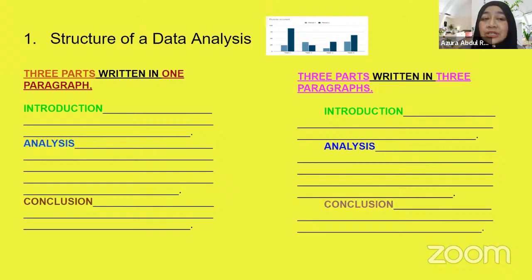So the structure is either 3 parts written in 1 paragraph or 3 parts written in 3 different paragraphs. Both are okay, but you have to have your introduction, you have to have the analysis, and optionally, you can have a short conclusion.